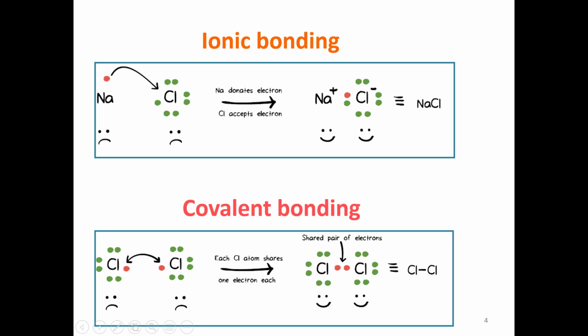Now when they share the electrons, each has 8 electrons in the last shell, and the chlorine has a structure similar to argon, which is a noble gas and is stable. This is why we have the happy face here. Now they are stable, we can say they are happy. Both chlorines form chlorine gas.